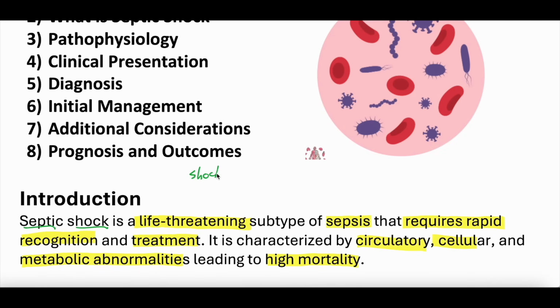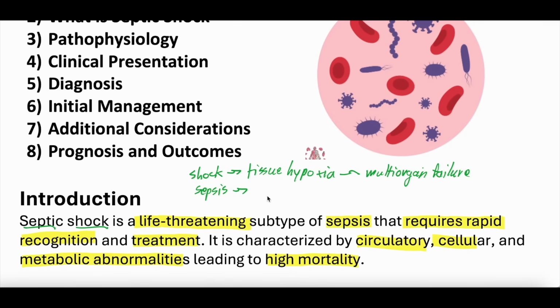Shock, at its most basal definition, is systemic tissue hypoxia. This is that your tissues, your organs, are hypoxic. They're not getting enough oxygen. And that leads to tissue damage and organ dysfunction and multi-organ failure. Okay, so that's shock in general. Then we talk about septic. Well, we've talked about sepsis on this channel before.